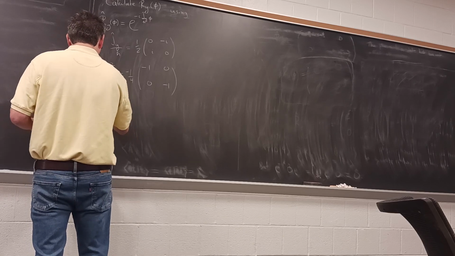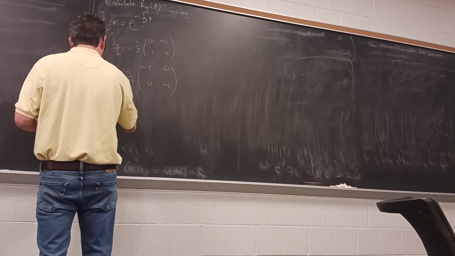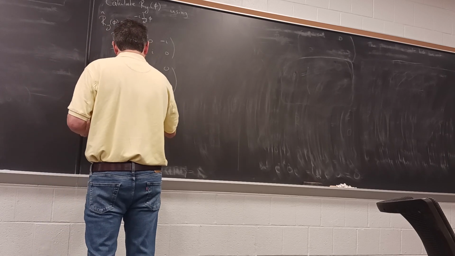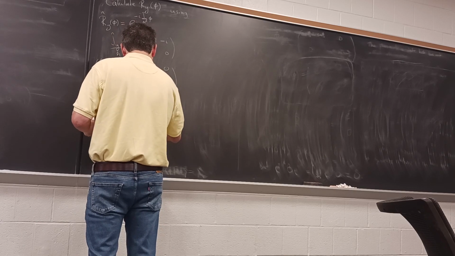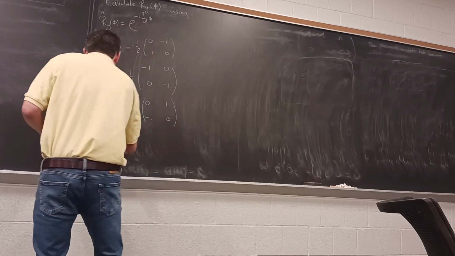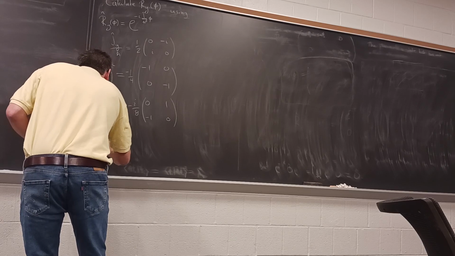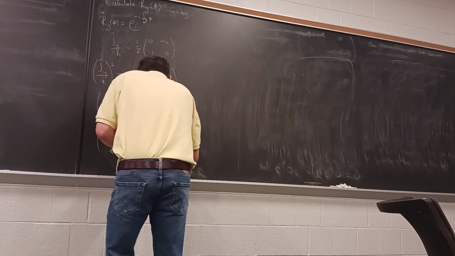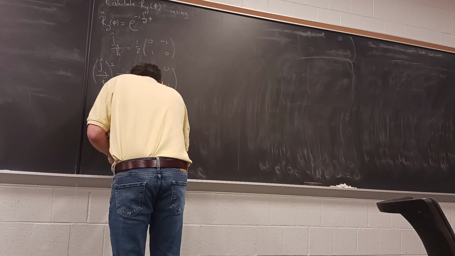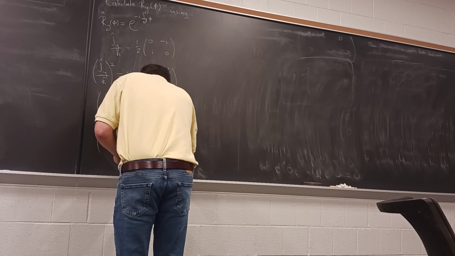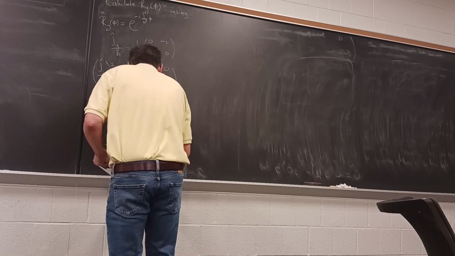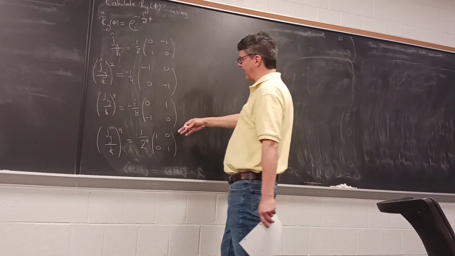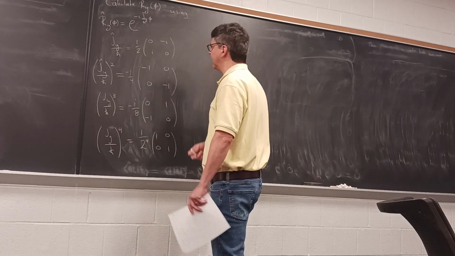And J y over h bar cubed is 1/8 times 0, minus i, i, 0. And then J y over h bar to the 4th will be 1 over 2 to the 4th times 1, 0, 0, 1. And once you hit the identity matrix, the higher powers will start going through this list again.